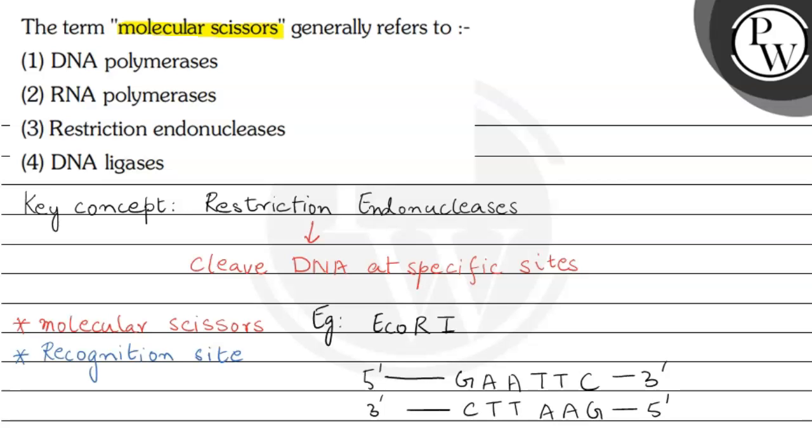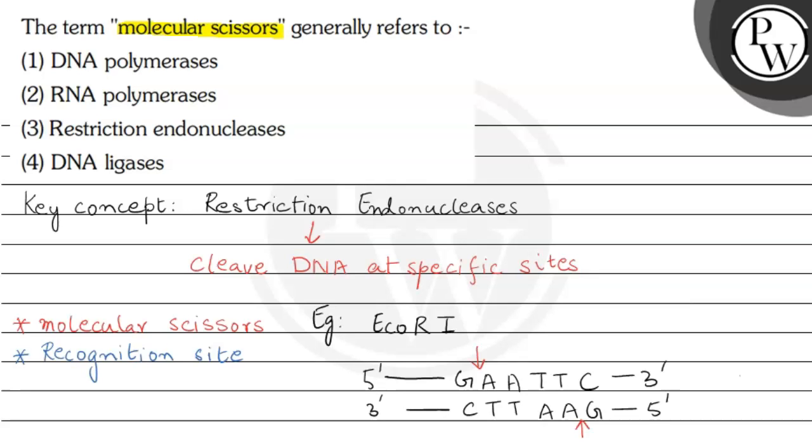So this is the recognition site which is recognized by the enzyme EcoRI. Now this is a restriction endonuclease and therefore it will cleave the DNA into two fragments by cutting the DNA at this site and this site. Therefore they act like molecular scissors and cut the DNA into two fragments at this recognition site.